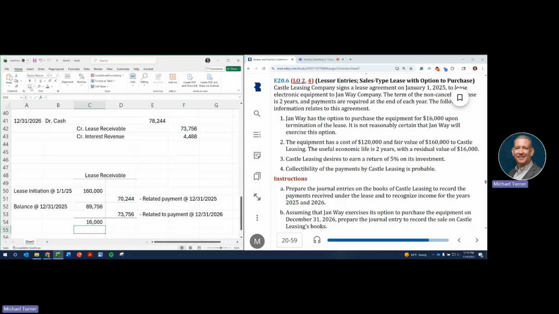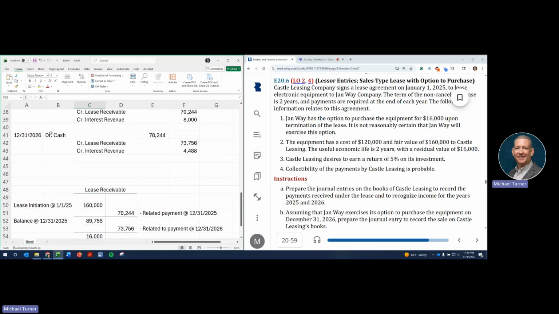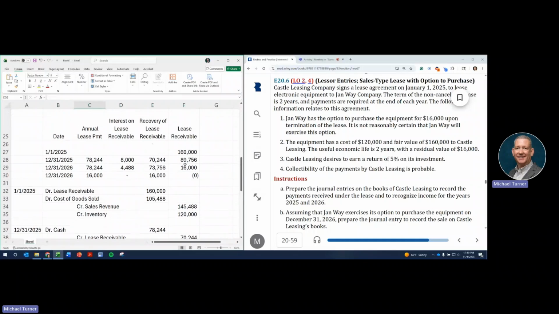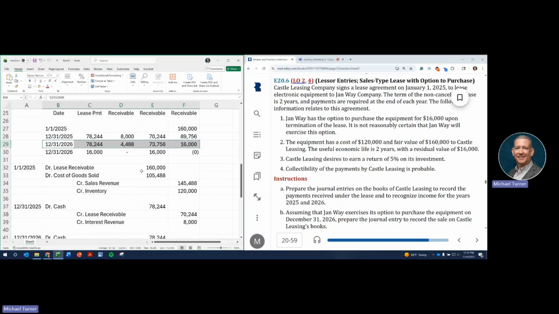It's the $16,000, and that's the residual value. So right now, after the journal entries we've made before, for Part A, we have a carrying amount of the lease receivable of $16,000. And that does confirm to our schedule right here. The $16,000 is the balance of the lease receivable at December 31st, 2026. However, we still have to deal with the asset that has the residual value of $16,000.